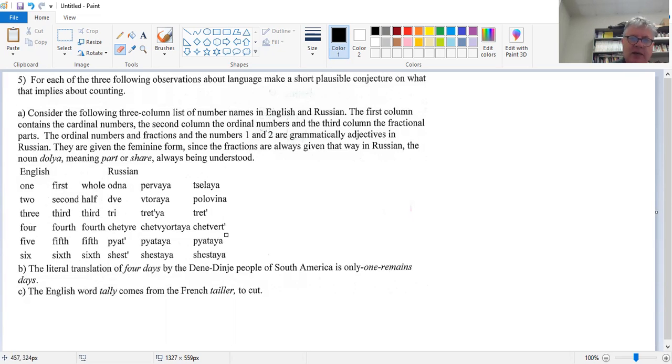But the main thing I wanted you to see is how for 1 and 2, everything's kind of irregular, right? Each word has a distinct word for each different concept. But then things start getting regular.